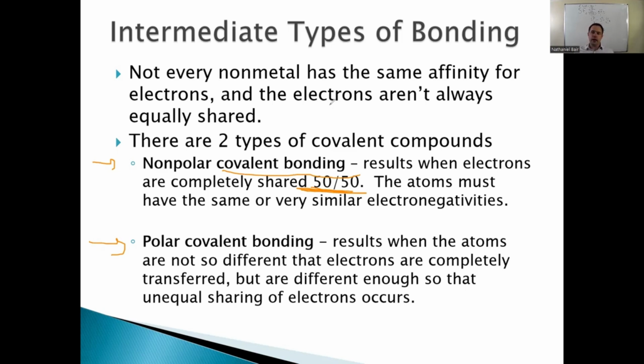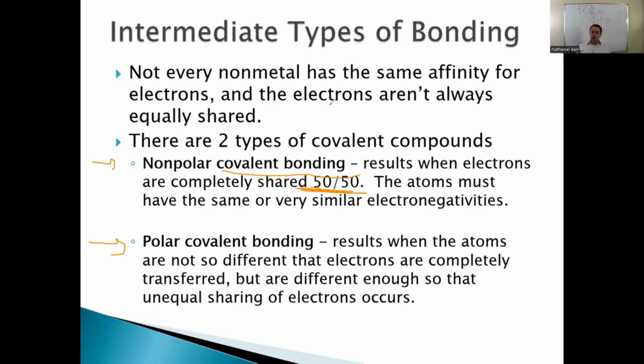If I share a piece of pizza with somebody, I don't have to cut it down the middle and share it 50-50. I could cut myself three-quarters of it and give somebody else a quarter, right? We don't have to share equally. So electrons are the same way. Two nonmetals forming a covalent or molecular bond don't have to share those two electrons 50-50.